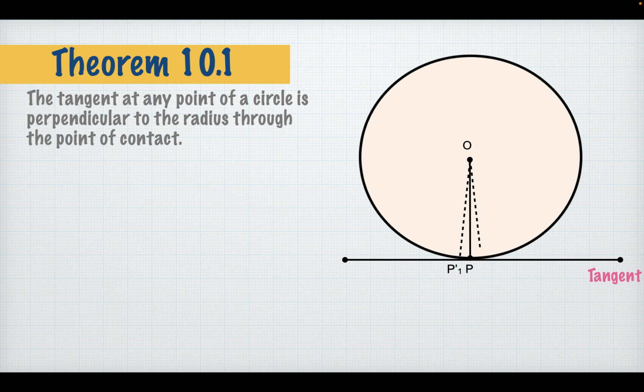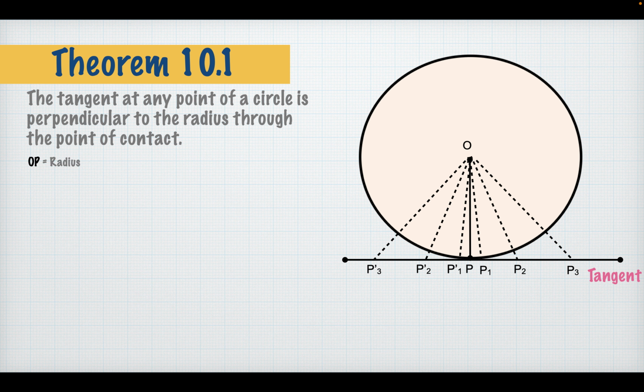So I draw lines on both sides of the dark black line that connects the center and the point of contact: OP1 dash, OP2 dash, and one more on both sides like this. This is P3.